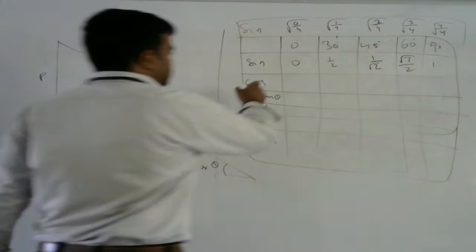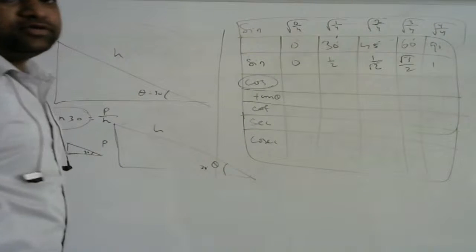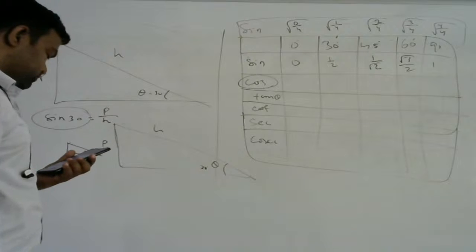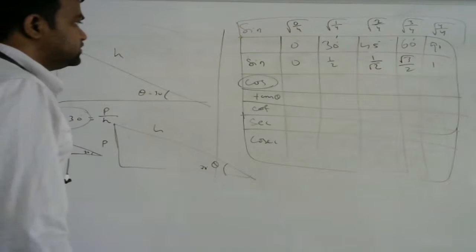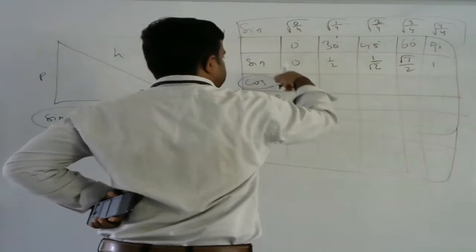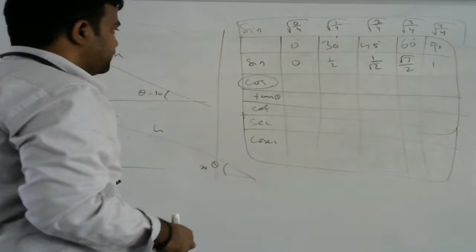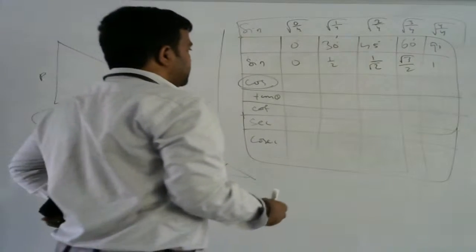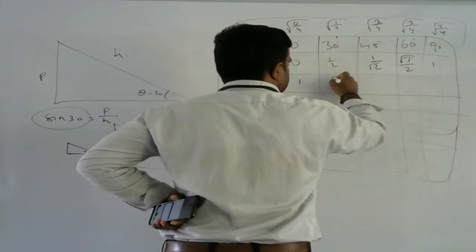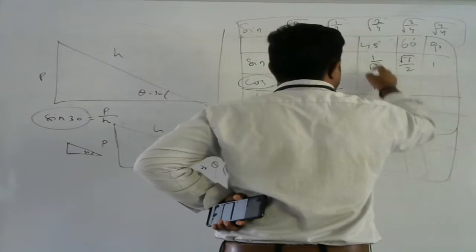Now you can fill the box for cos. Now cos is easy, right? You will start cos 0 is 1. Just with reverse order you will get cos. Cos 0 you will get 1. Cos 30 you will get root 3 by 2, cos 45 is same, 1 upon root 2.